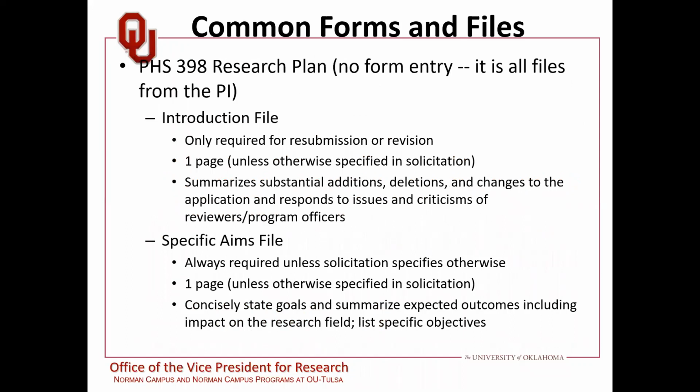The next one is the 398 research plan. That is where most of your files related to the actual project go, like your research strategy, your specific aims, and things like that. The first file place that we can load is for an introductory file.